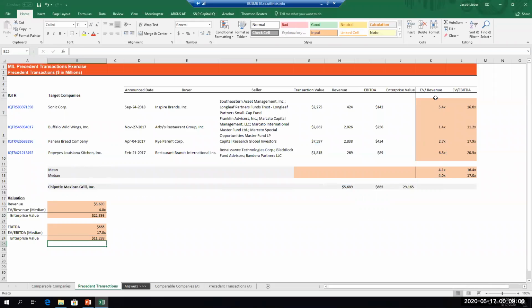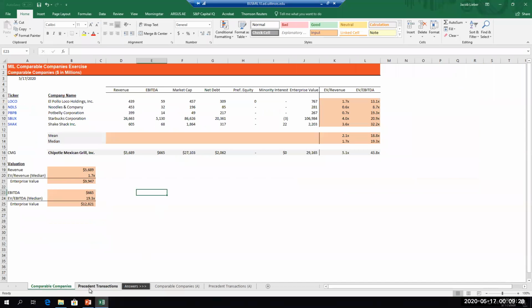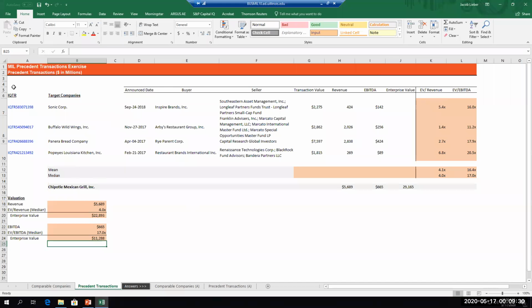And as you can see here, if you're looking just on a revenue basis, Chipotle is not as overvalued as the comparable companies analysis recommends. The deals suggest that the company should be valued a little higher based on its revenue, looking at 4 times in comparison to roughly just under 2 times for its currently trading metrics.